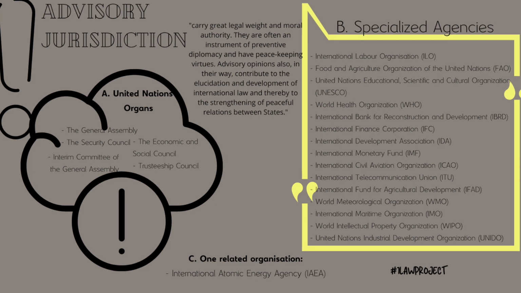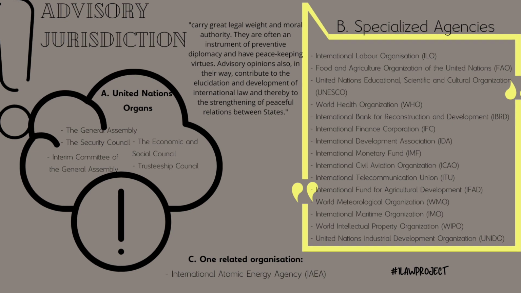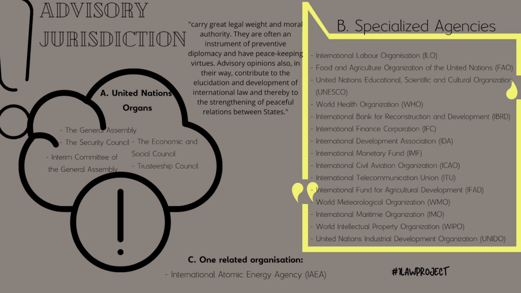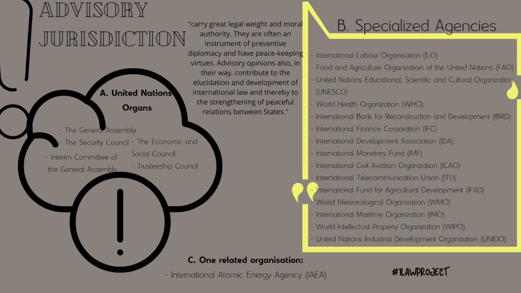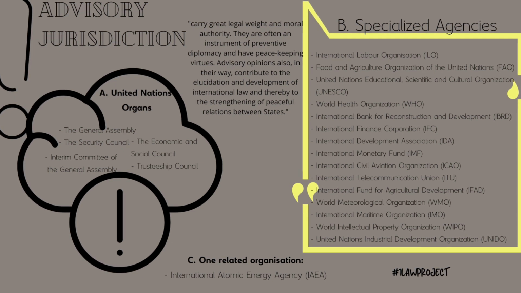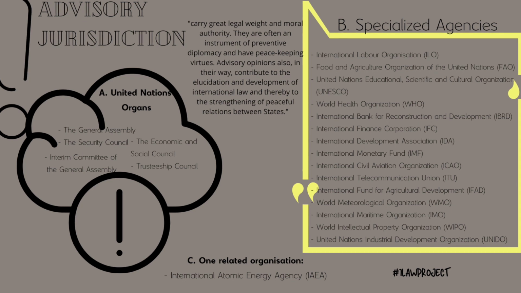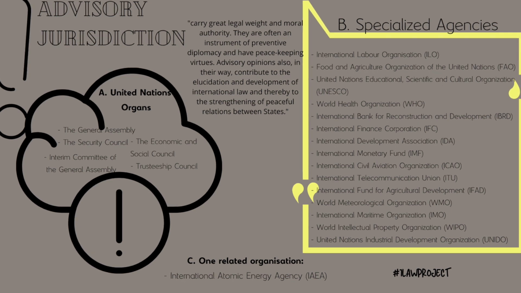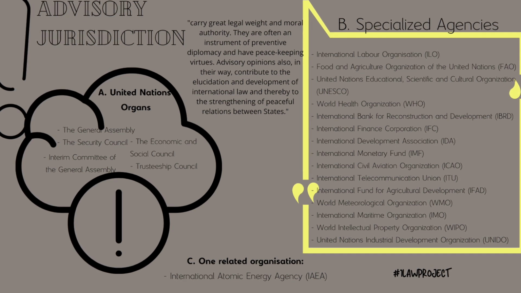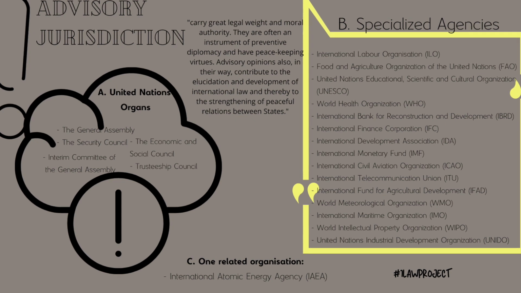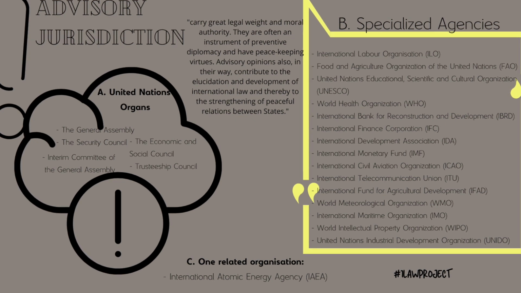Essentially, unlike the contentious jurisdiction, the court is not settling any disputes in its advisory jurisdiction. Rather, the court is interpreting or advising on how these UN organs and specialized agencies should function in line with their mandate.